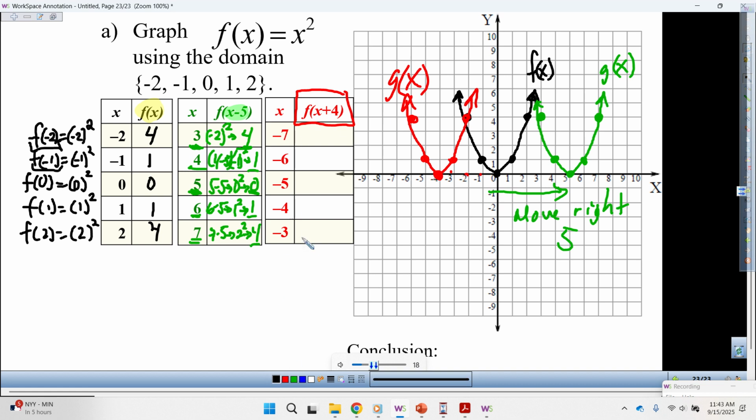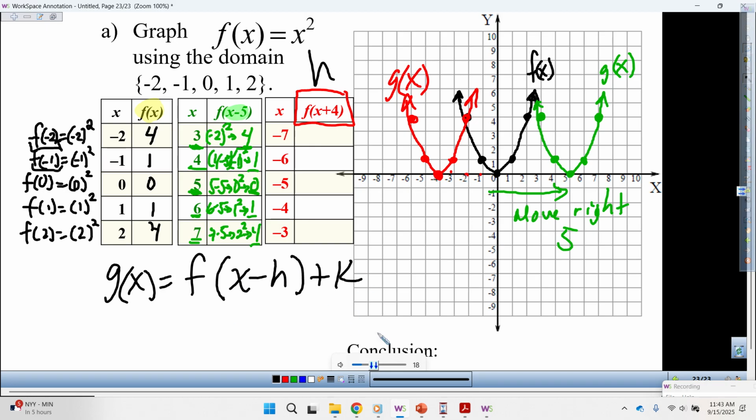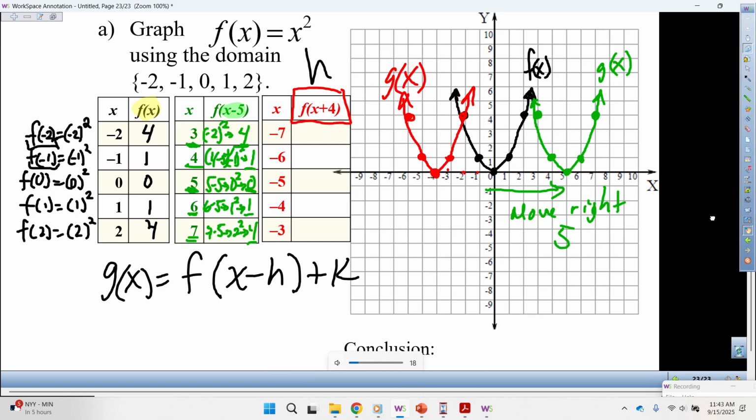So this is a different parameter. We call this parameter the h parameter. All right? So, write this down. G of x equals f parentheses x minus h plus k. This is going to be our bread and butter from today on.